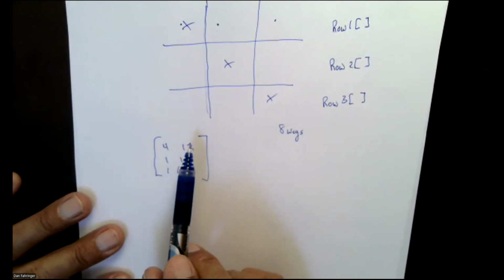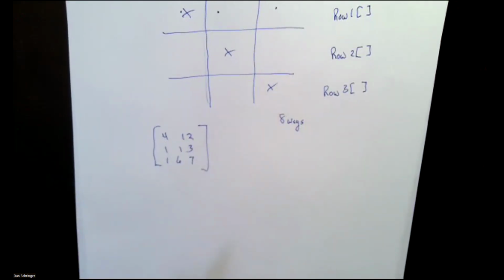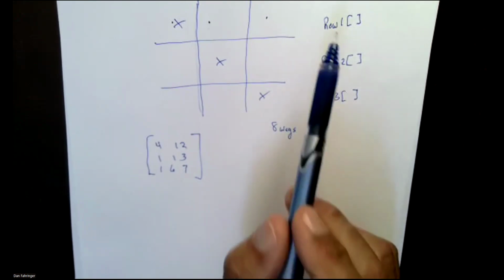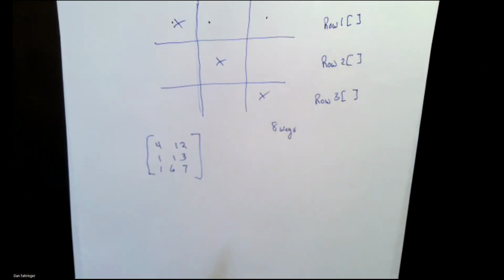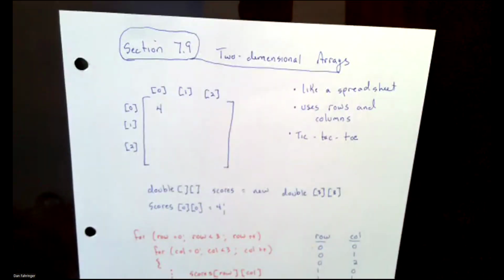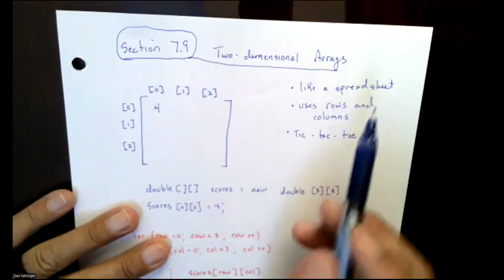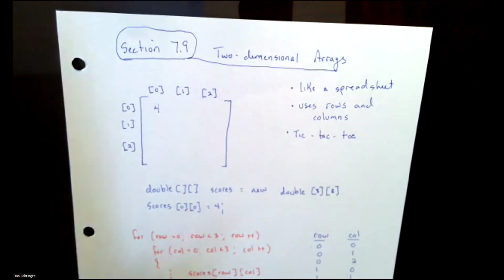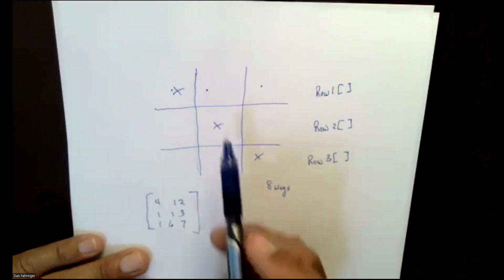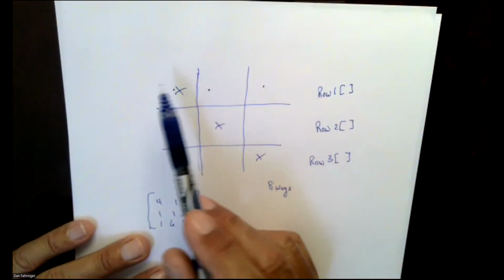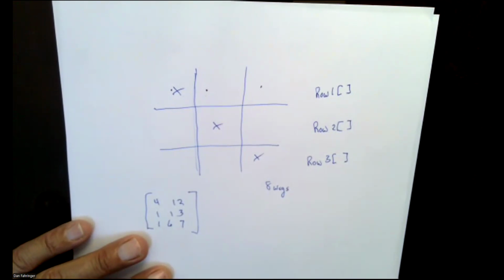So now we need to learn a way that's a little better to store it instead of three single arrays. And what we come up with is something that's called a two-dimensional array. Like a spreadsheet. If I said we're playing tic-tac-toe, what row and what column would you like to pick for your next move?